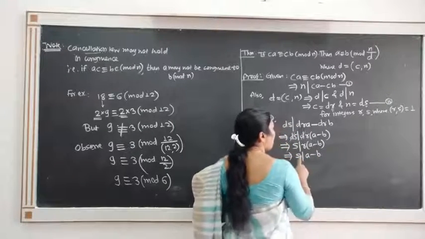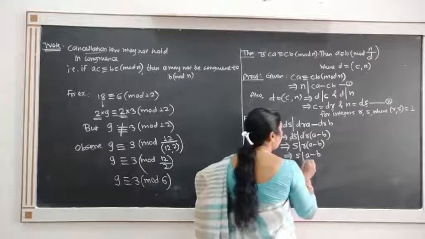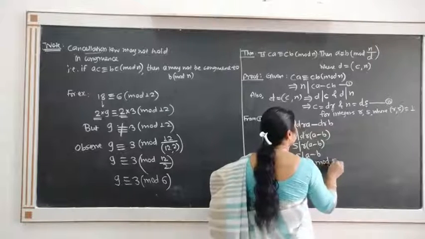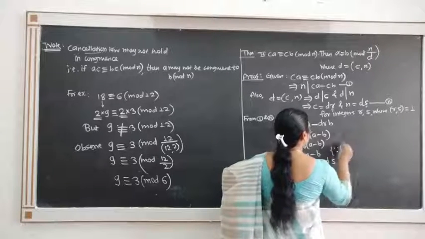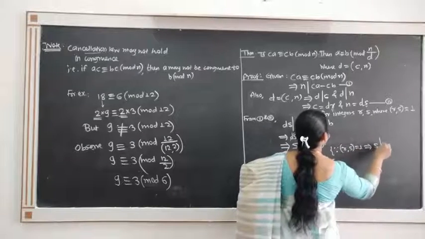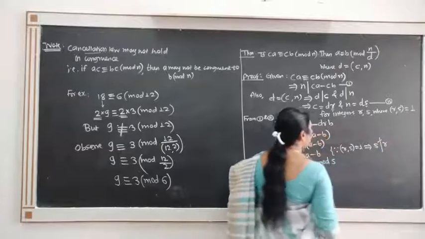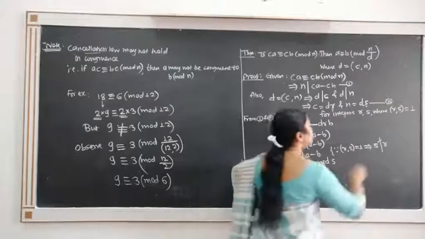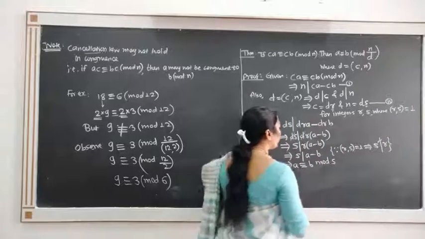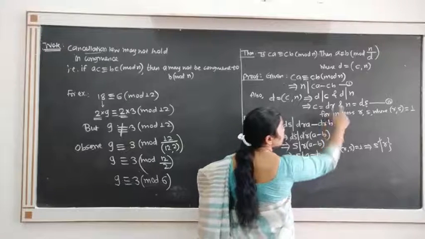Means that A is congruent to B mod S because GCD of R and S is 1 implies S does not divide R, and obviously S divides A minus B, and therefore A is congruent to B mod S. But what is S?